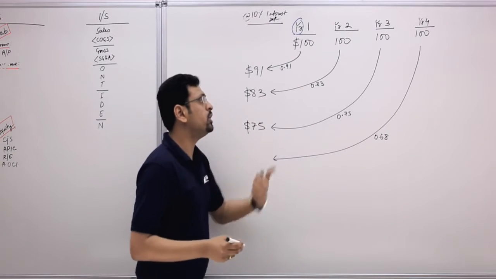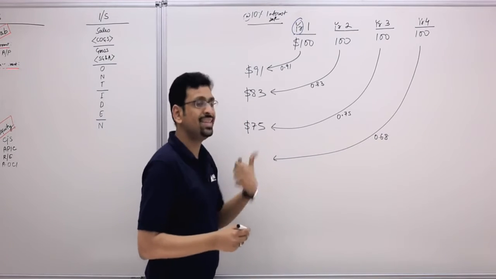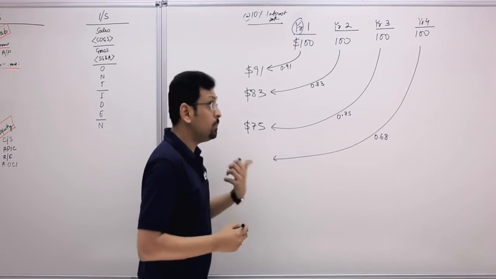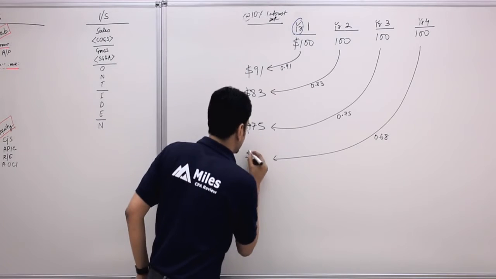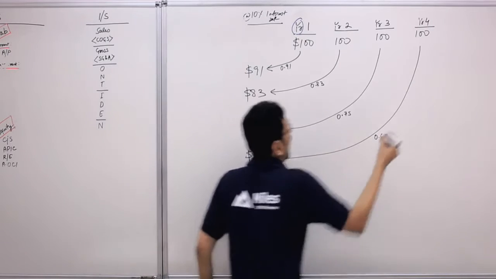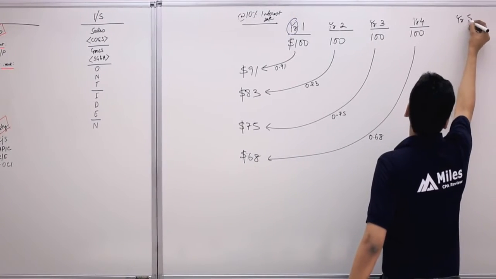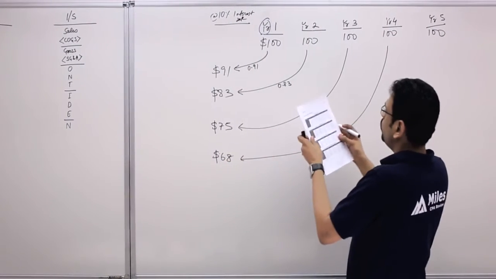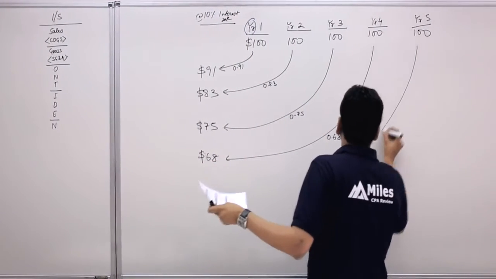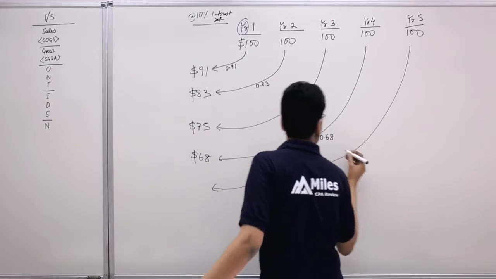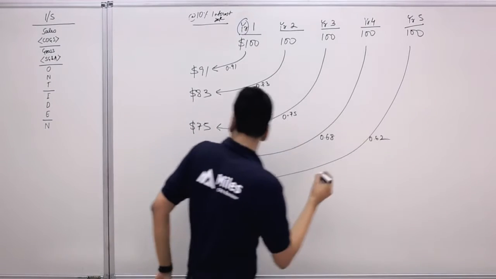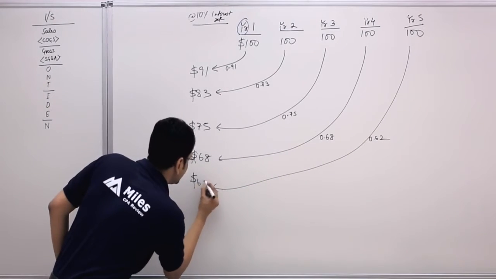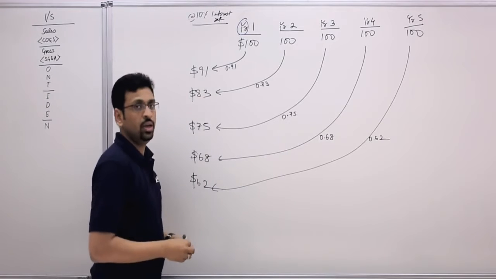So a dollar after 4 years, the present value of that dollar is 68 cents as of today. The present value of $100, that's going to be $68. Then if you look at year 5, another $100 coming in, and I want the present value number, which is 0.621, so 0.62, and that is worth $62 as of today.